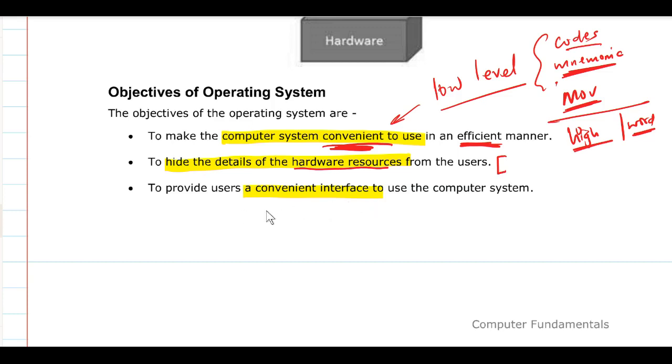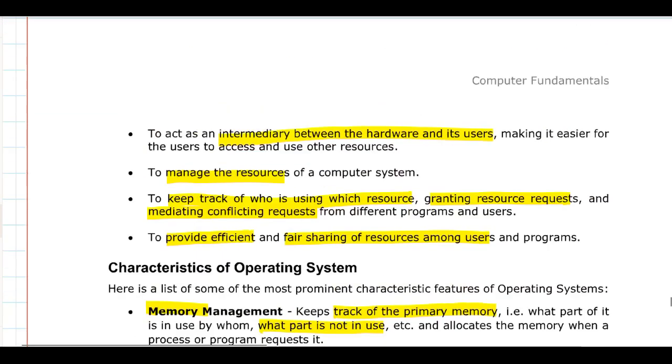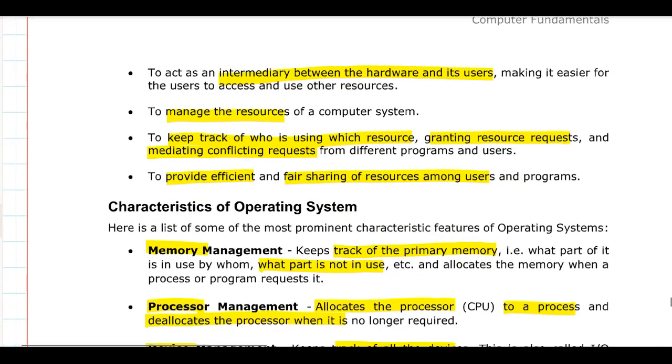Another objective is to provide users with a convenient interface to use the computer, and I think I have elaborated that in point number 1. We also say that the operating system acts as an intermediary between the hardware and its users, making it easier for users to access and use other resources.